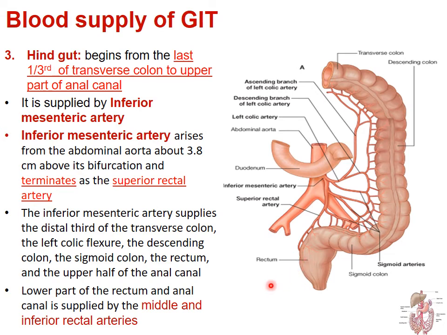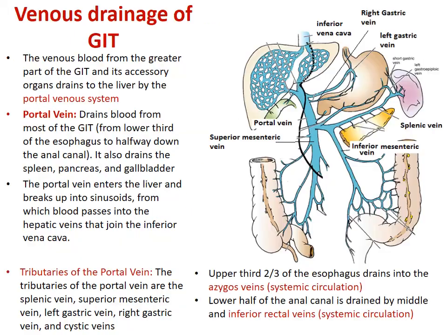The pudendal artery is one of the branches of the internal iliac artery. So the internal iliac artery gives one of its branches, the pudendal artery. The pudendal artery gives branches to the middle and inferior part of the rectum, called the middle and inferior rectal arteries. But the rectum also has the superior rectal artery, which is actually a branch coming from the inferior mesenteric artery, right?